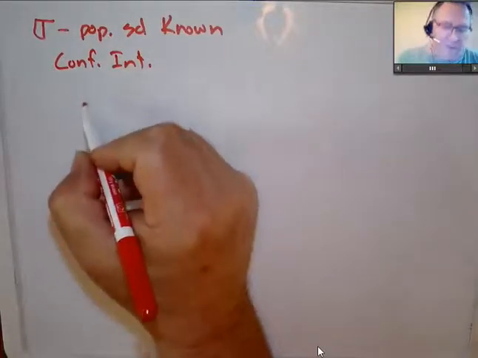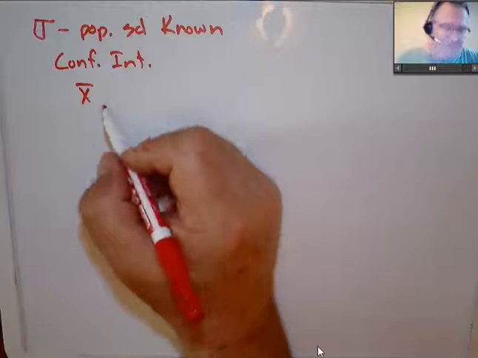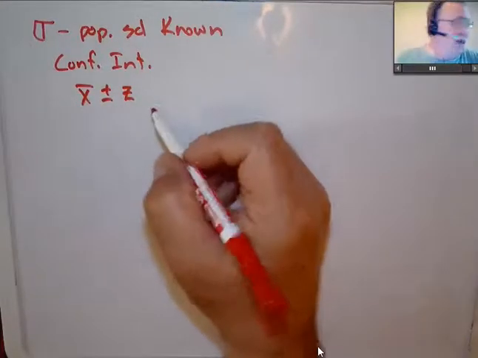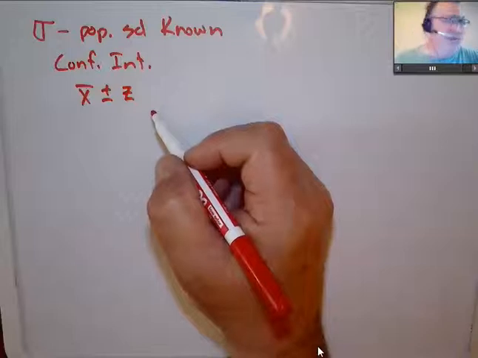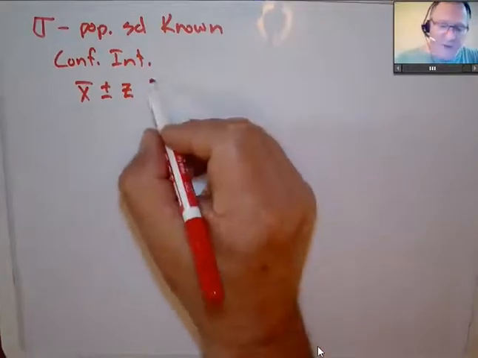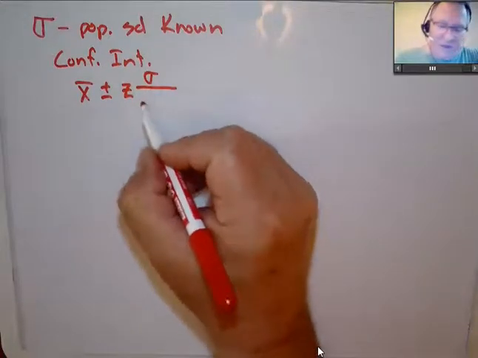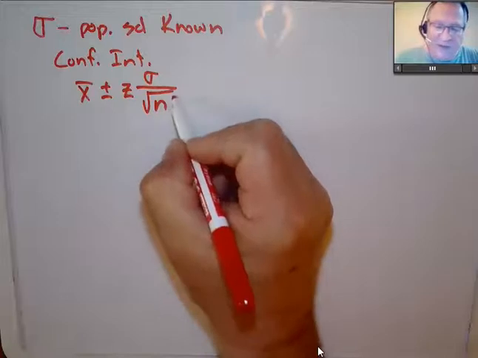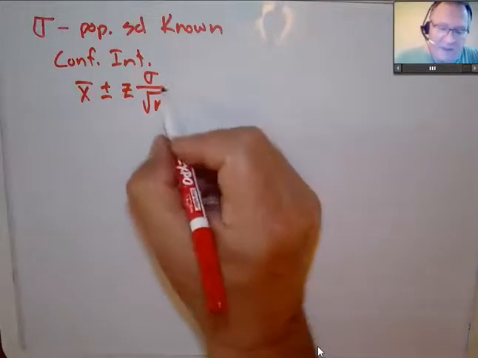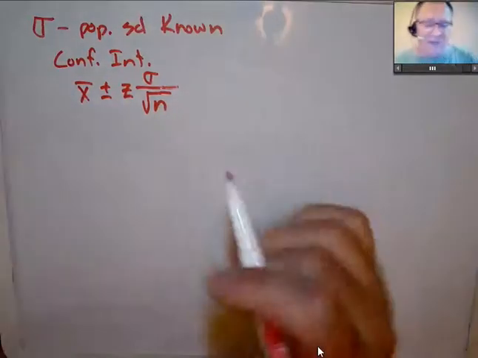The confidence interval will be the value of the sample mean that we calculate, plus or minus something called the z-statistic, and we learned about that, I believe, in chapter 6, 5, something like that, times the population standard deviation divided by the square root of n, where n is the sample size. I'm sorry.